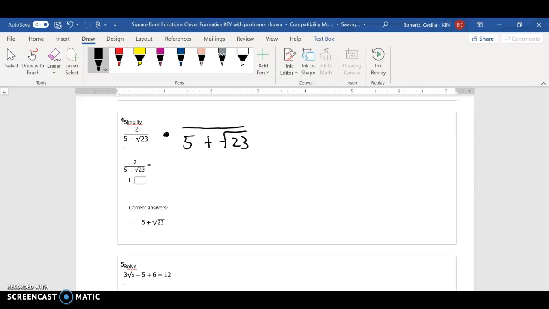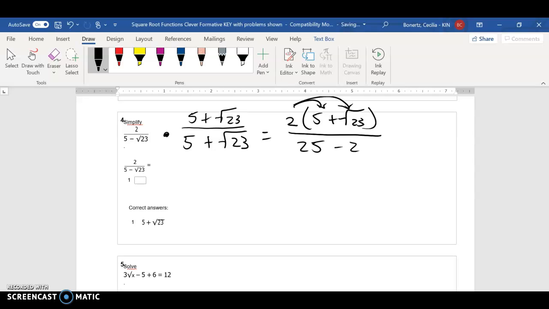And if I'm going to multiply the denominator by that, I also have to multiply the numerator times that. So my numerator becomes 2 times 5 plus the square root of 23. So I'm going to distribute. And then that all is over 25 minus 23.